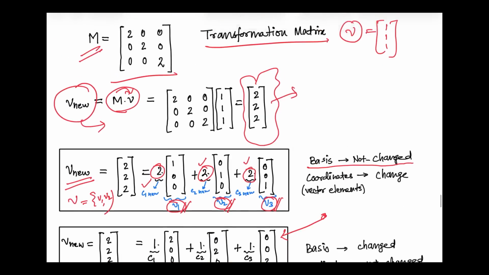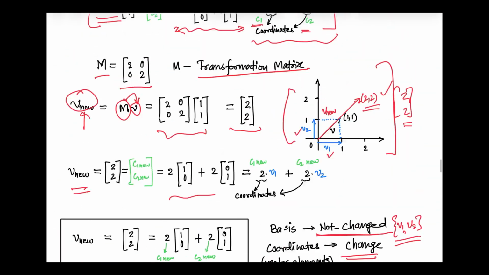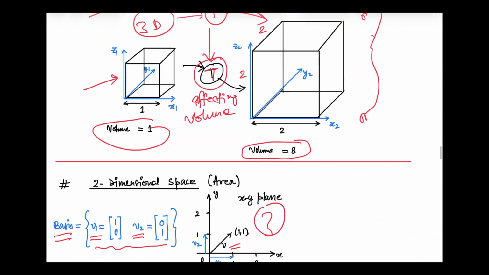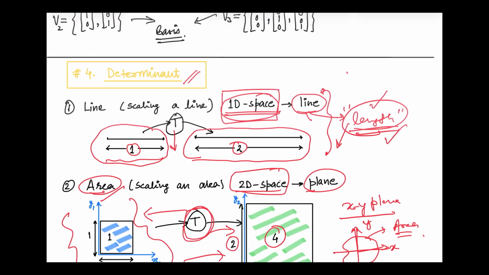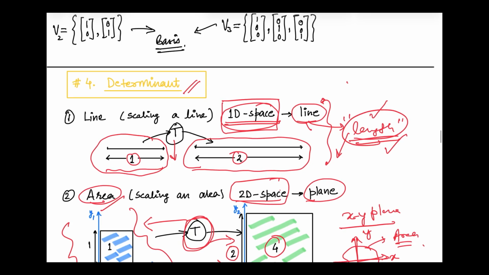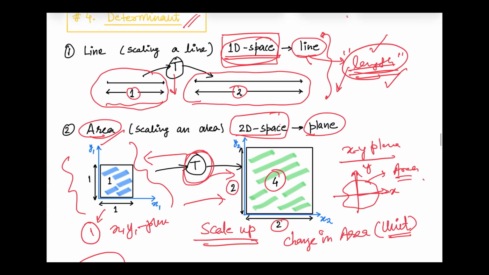So the determinant is a measurement, and a measurement of what? Determinant is a measurement of how the transformation is changing a certain property. That change in the property is measured or quantified using the determinant, and in case of 1D space it is the length that is changing under the transformation.